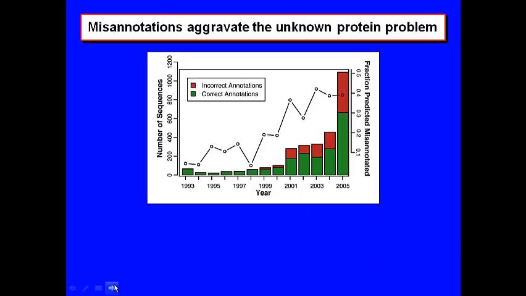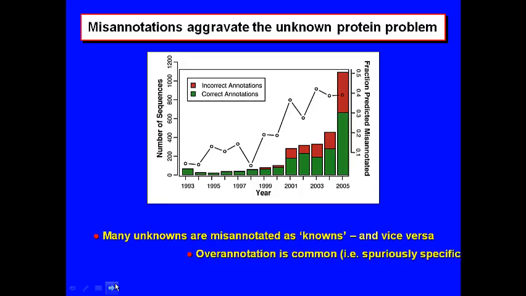There are two kinds of phenomena going on here. Many unknowns are misannotated as knowns, and vice versa. And the biggest problem is what it says in the heading there, over-annotation. In other words, you give something a spuriously specific annotation.